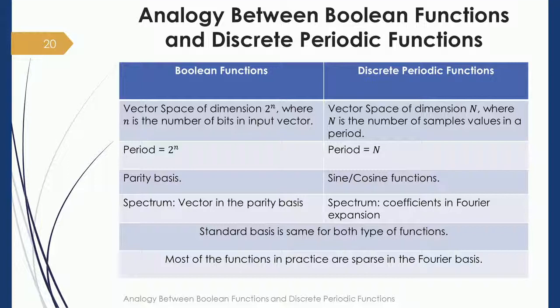One more analogy between these two, Boolean functions and discrete periodic functions, is that a lot of the real world examples tend to be sparse in the Fourier basis, in the sense that the number of non-zero terms, the terms that matter in the Fourier basis, is often very few.